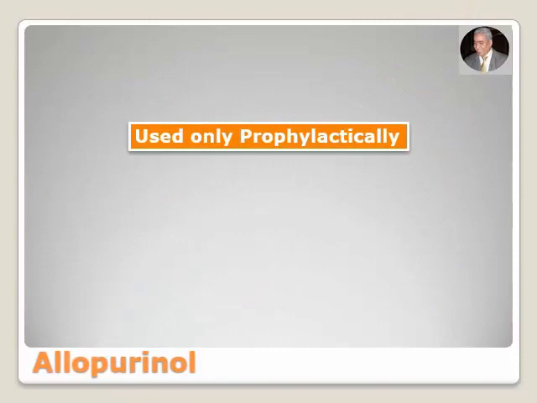Allopurinol is the second specific drug for gout. However, it is not intended for the acute attack, but rather, for in between the attacks. It is the first choice, and the most commonly used drug, for gout prophylaxis.